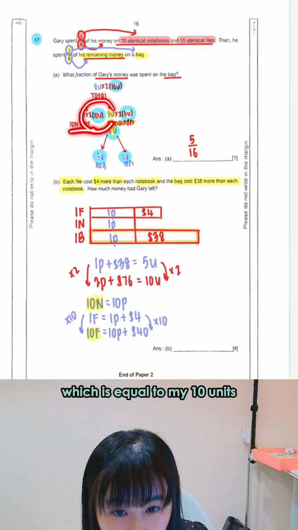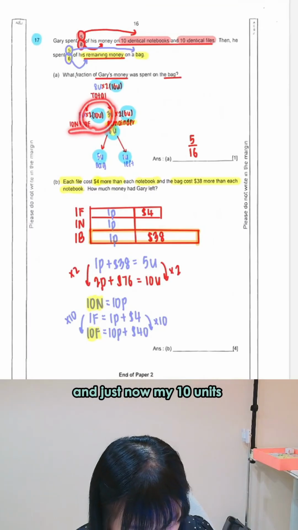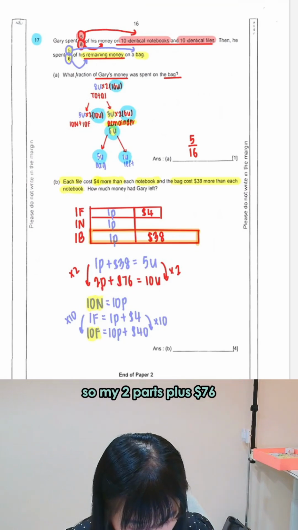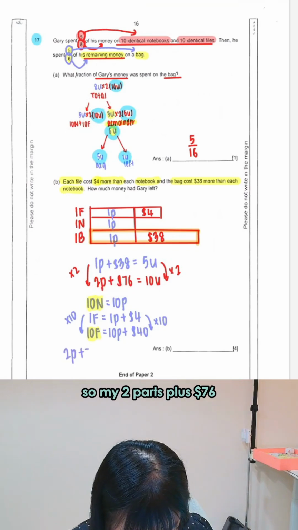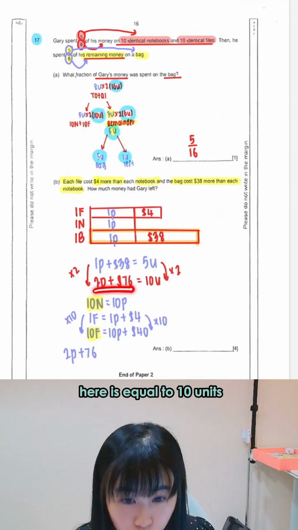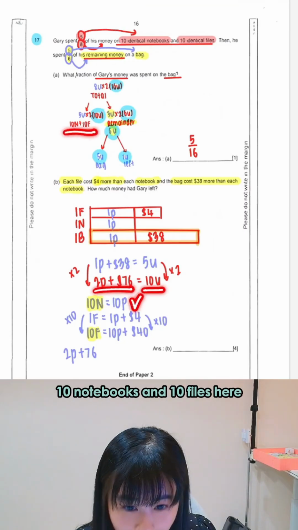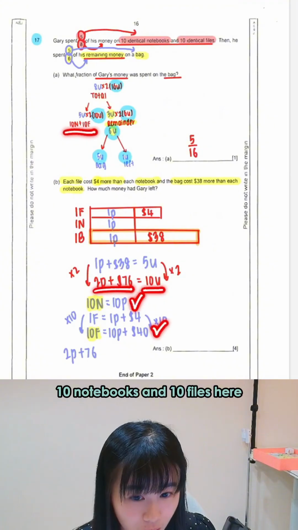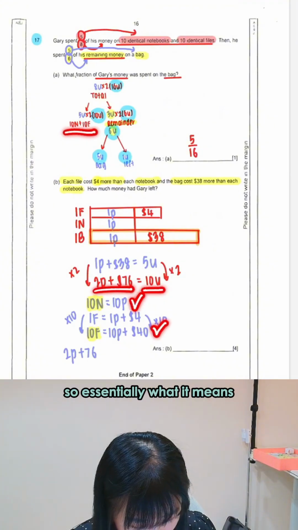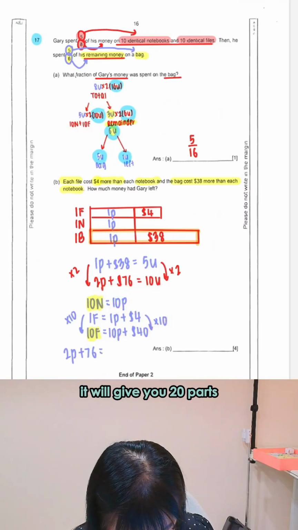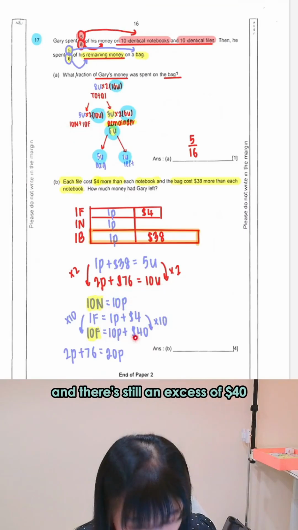So essentially, 10 parts plus 10 parts will give you 20 parts, and there's still an excess of $40.